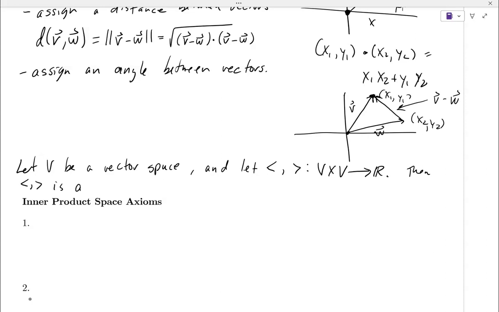Then we say this function is an inner product on V if it satisfies these four axioms. So let's think about some properties of this function that might be nice to have.